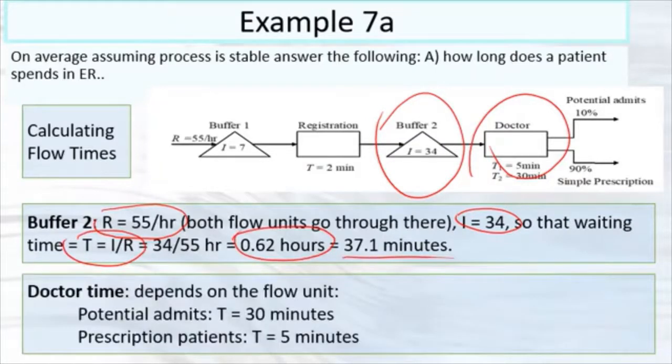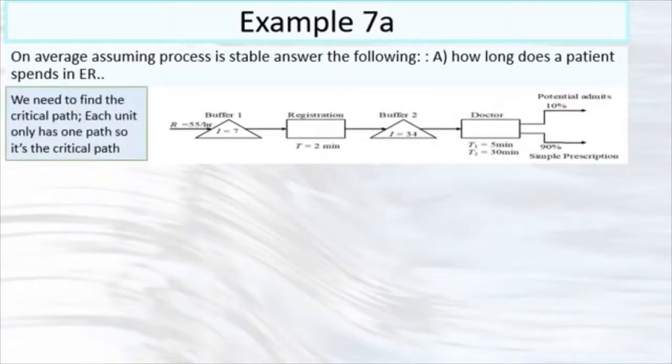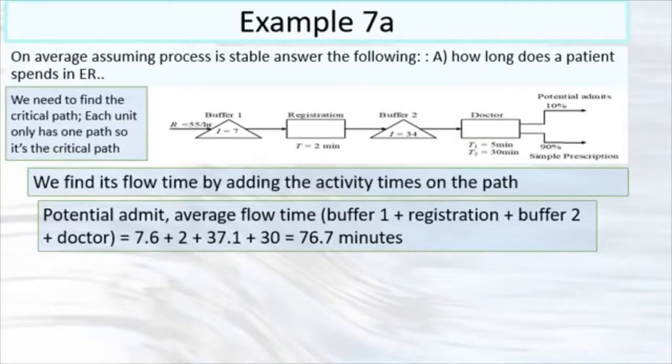Now we go into doctor time, and here the times again are given to us. For potential admits, T equals 30 minutes, and for prescription patients, T equals 5 minutes. So now we have to add all the different times for potential admits: buffer 1, registration, buffer 2, and doctor.